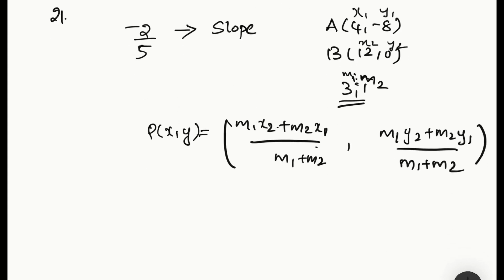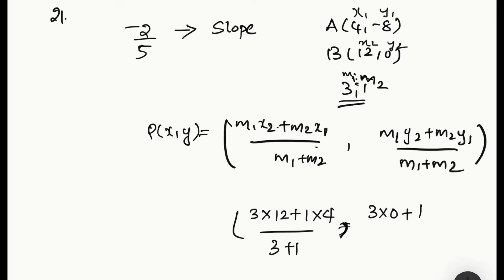So m1 is 3 into x2 which is 12, plus 1 into 4, by 3 plus 1, comma, m1 again 3 into y2 which is 0, plus m2 which is 1 into minus 8, by 3 plus 1.